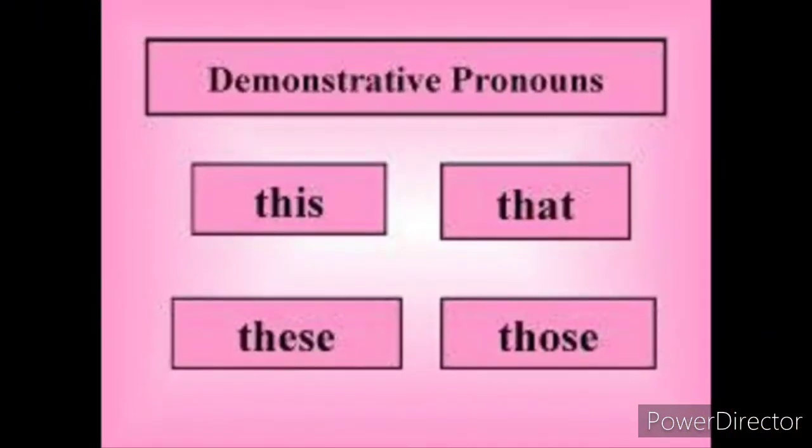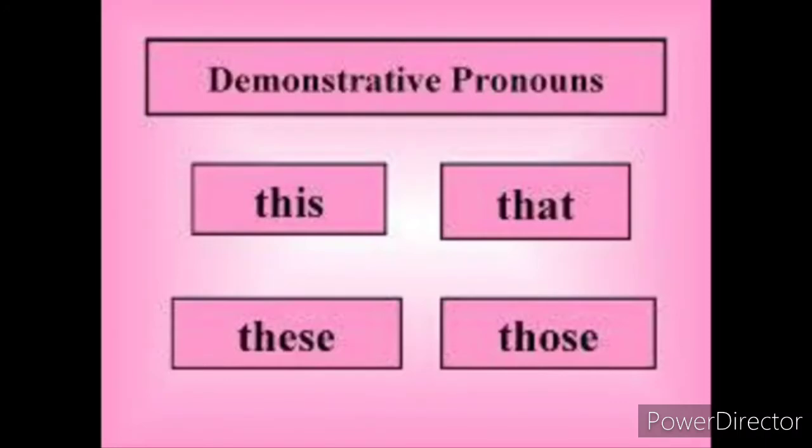Children, when we talk about demonstrative pronoun or adjective in English, these are the 4 demonstrative pronouns that we have to use in the sentences. What is meant by demonstrative pronoun? Demonstrative pronouns are the pronouns that specify the nouns and pronouns, and they are used as subject and object pronouns.